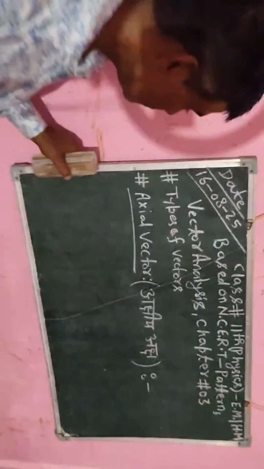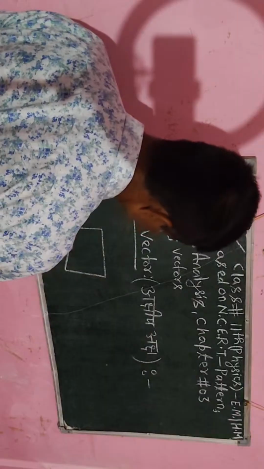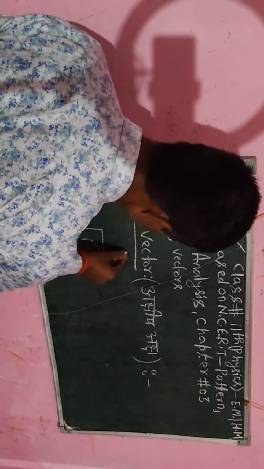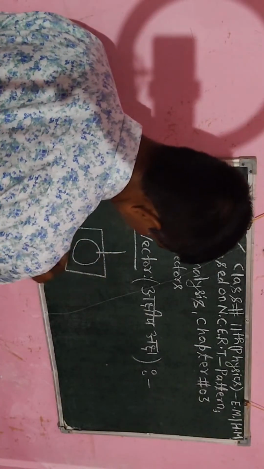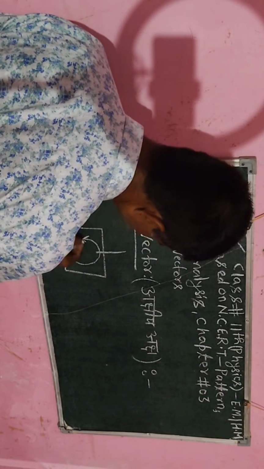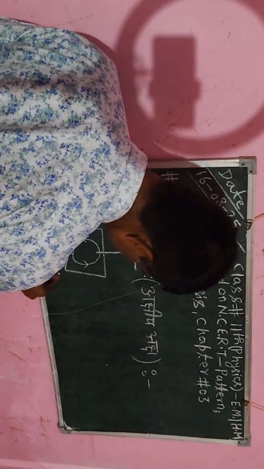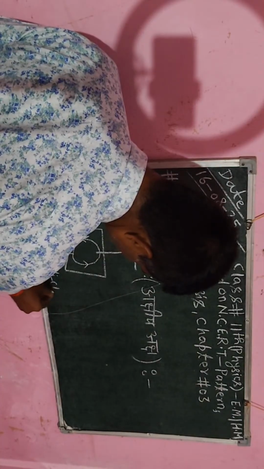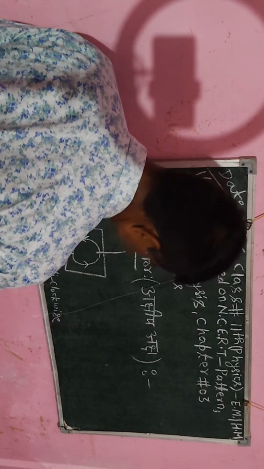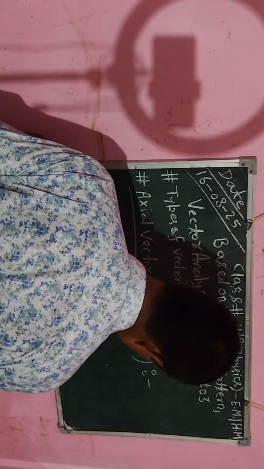What is the concept? Here I will draw a rectangle box, and then I will draw a circle within the rectangle box. Now I will draw a line, and that line is also moving along this. And I will say this circle is moving in the anti-clockwise direction. I will write here: anti-clockwise direction.